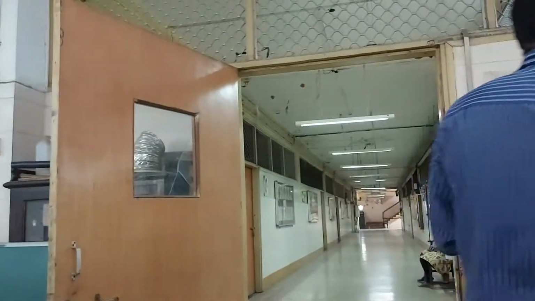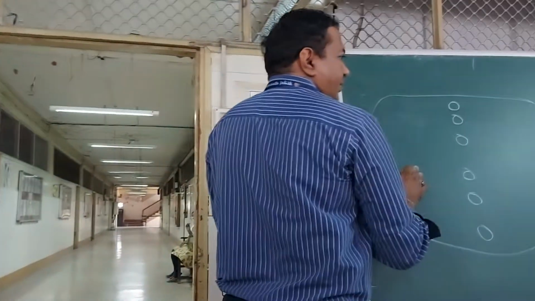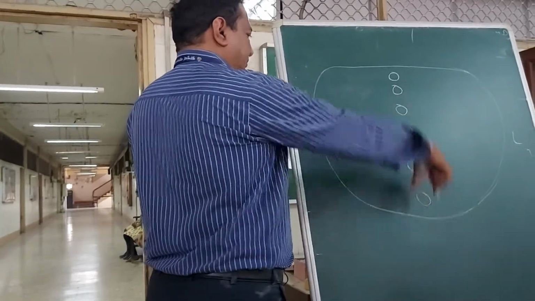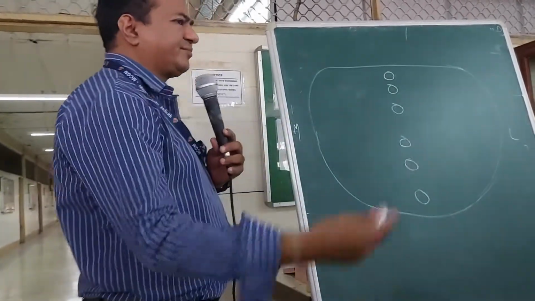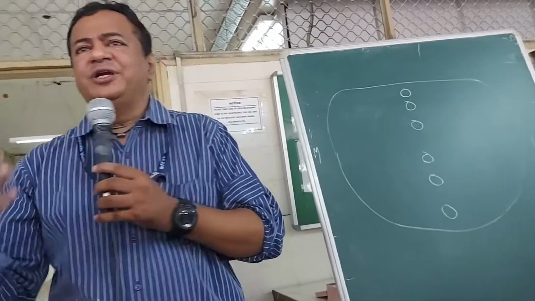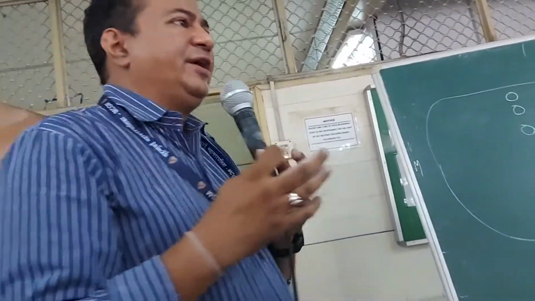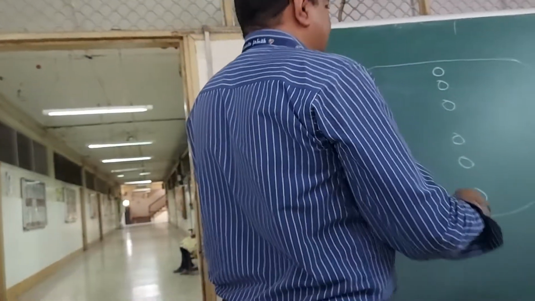There are 6 structures in the interarticular area. This is where the contact is. Here is the medial condyle, here the lateral condyle. In between is an area which doesn't directly articulate with the femur. So in this interarticular area, there are 6 structures.